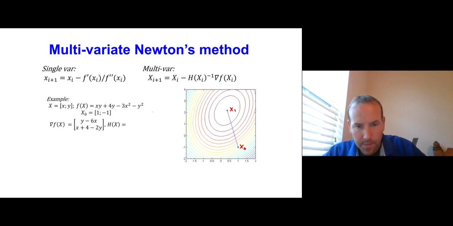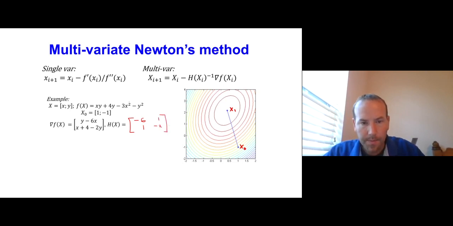And so the Hessian matrix ends up being -6, 1, -2, and 1. Because here you're taking the first derivative with respect to x, and then here you are taking the first derivative with respect to y, and so on. Okay, so that's the Hessian matrix.